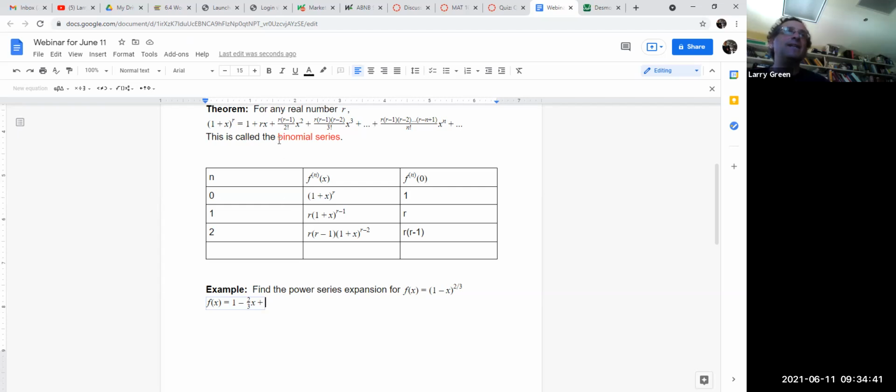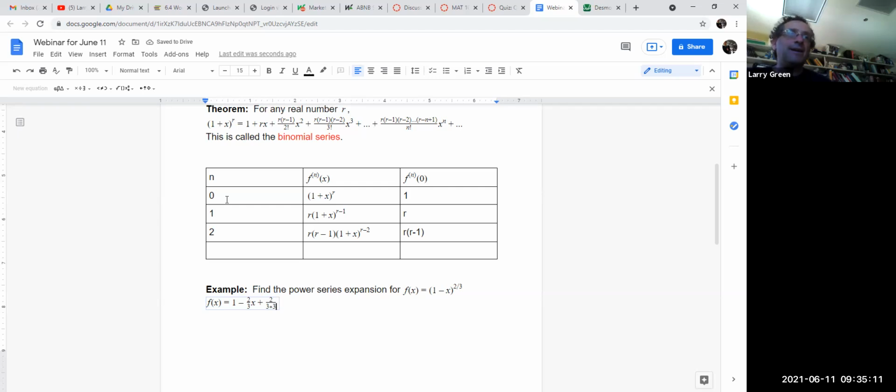Okay, so again, we have 2/3 for the r. r minus 1 will be negative 1/3. So it's 2/3 times negative 1/3. So that's going to be, let's write it out, 2 on the top, and then 3 times 3, because thirds times negative 1/3.